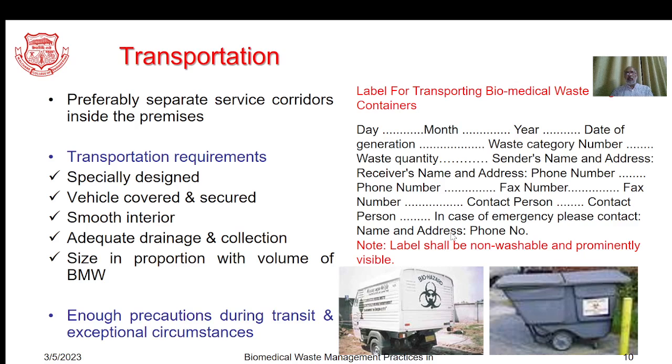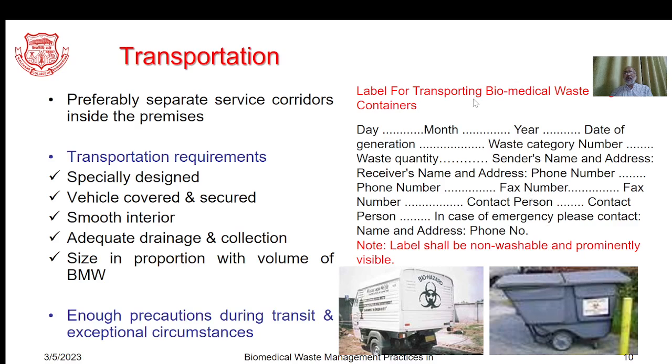The inner surface of the vehicle should be smooth so that cleanability can be easily maintained. It must have adequate drainage as well as proper collection capacity. Its capacity should always be in proportion with the volume of waste to be handled.